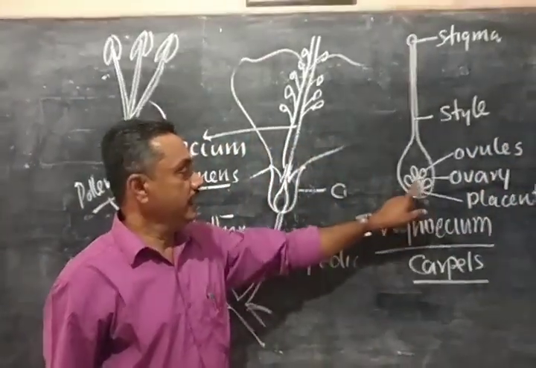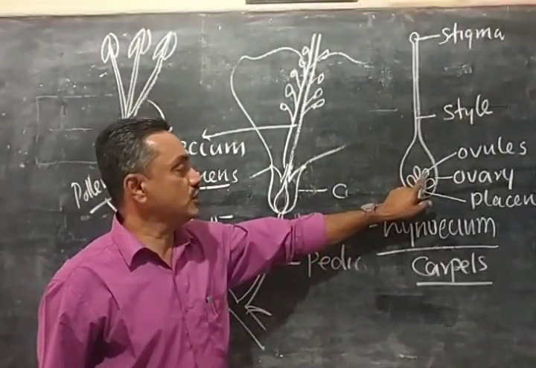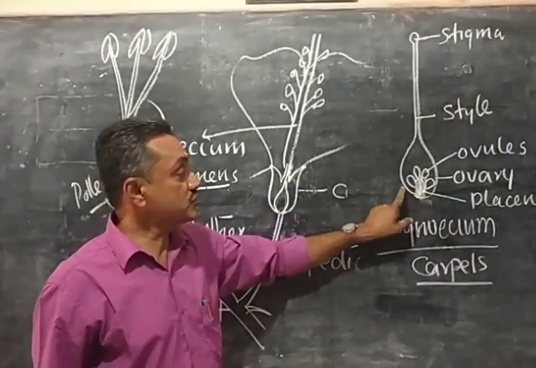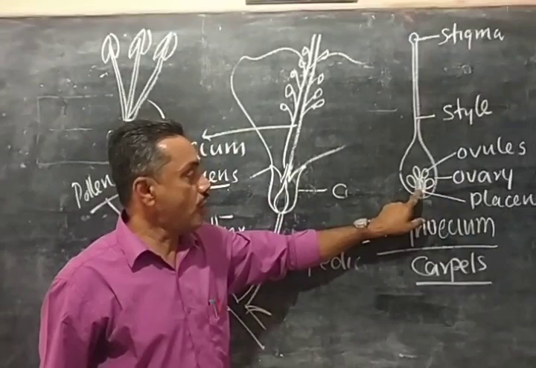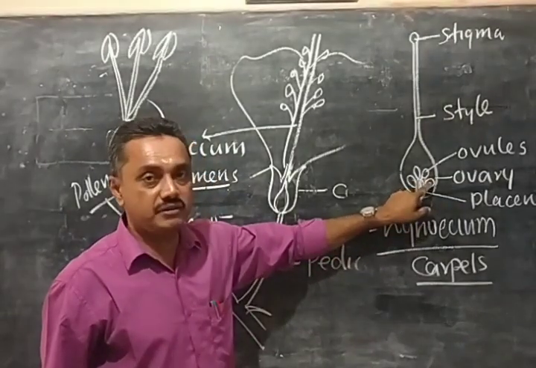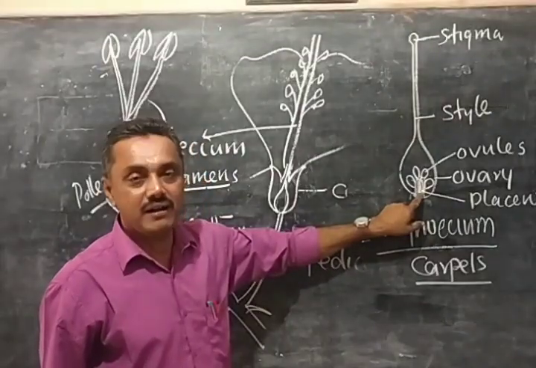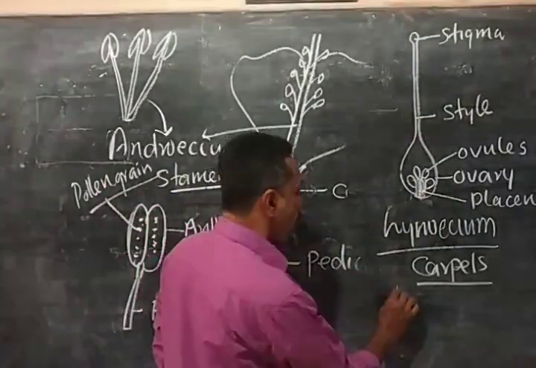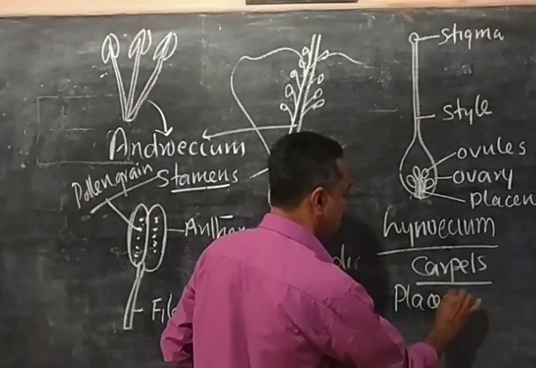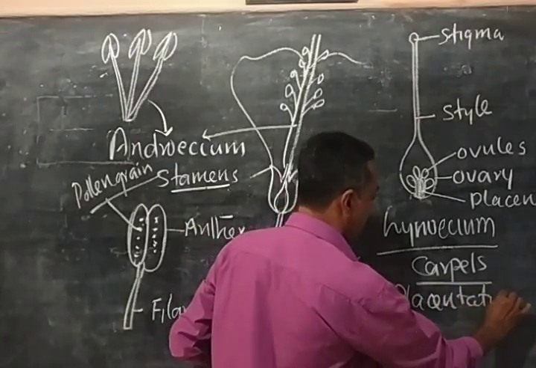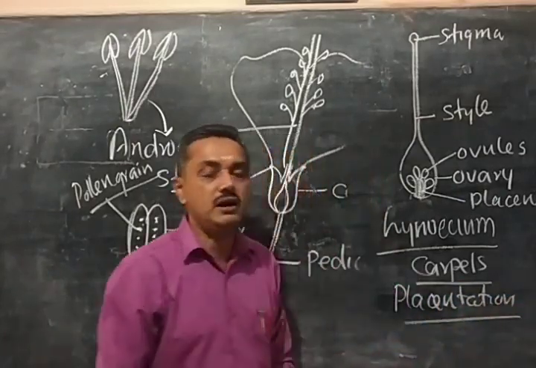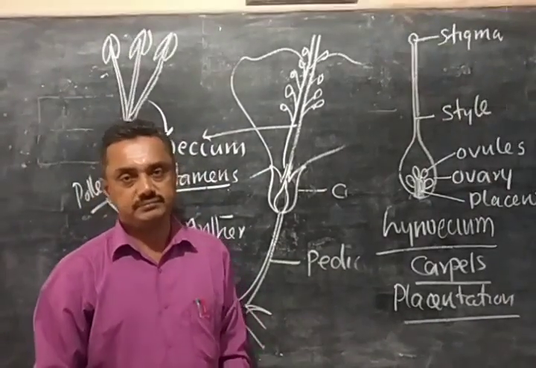You can see round structures inside called ovules. This structure is called ovary, and inside the ovary the ovules are present. The tissue is called placenta. The arrangement of ovules on the placenta is called placentation.